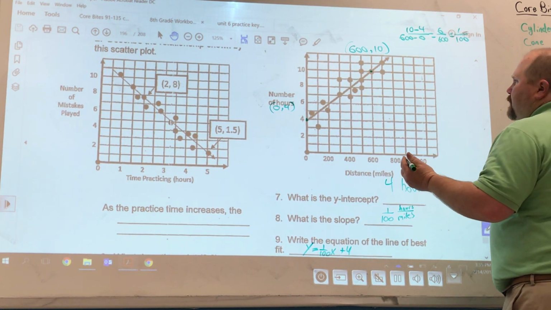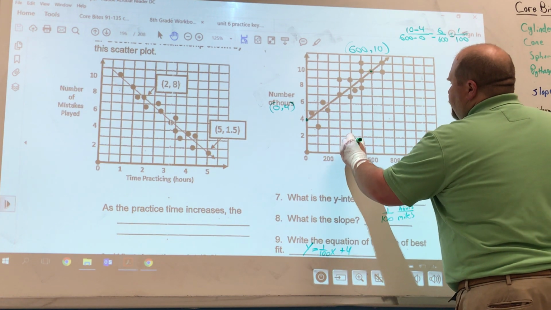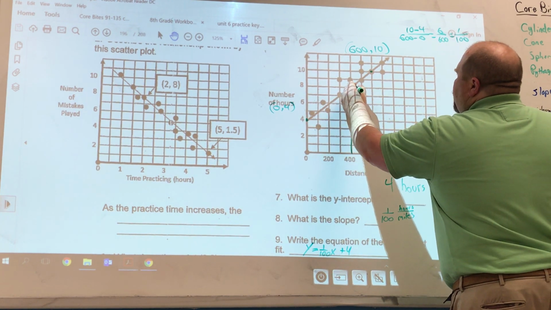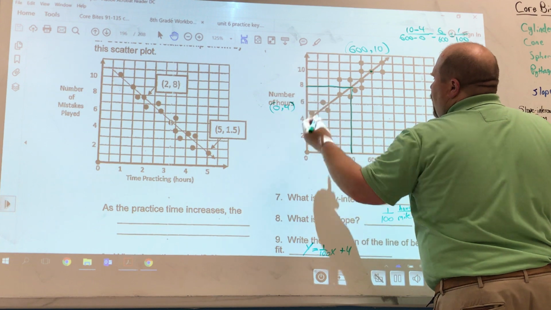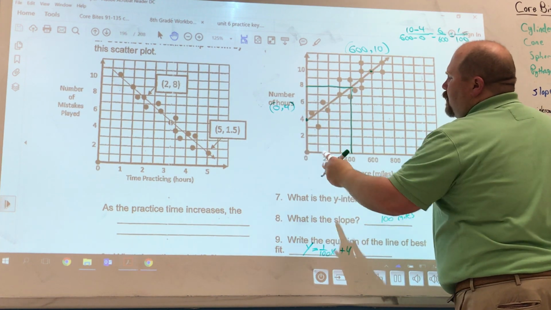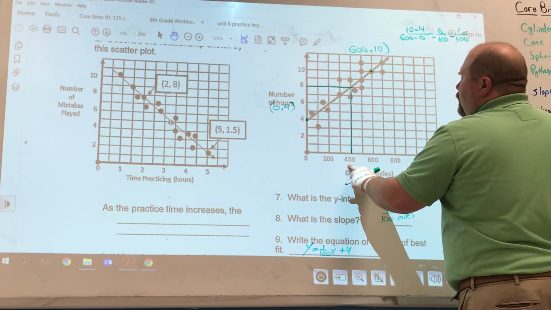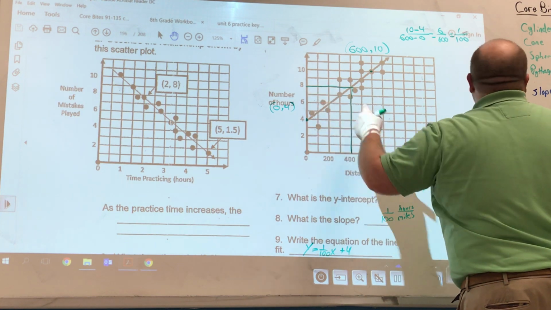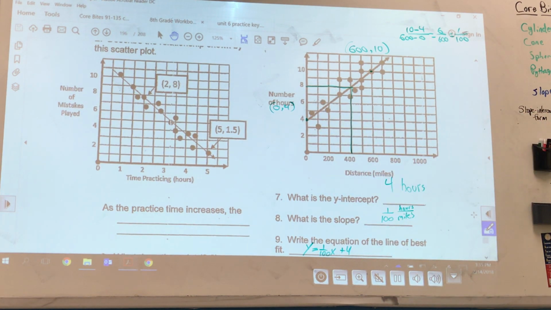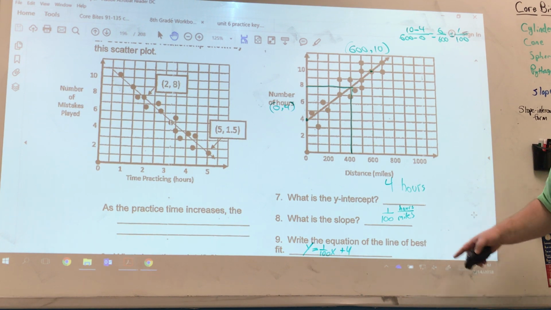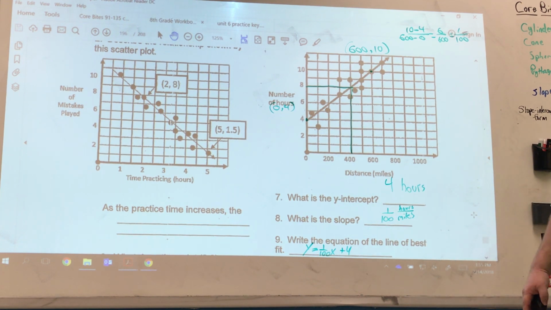If it was a 400-mile delivery, it takes 4 hours because of the 400 miles, but it also takes into account the 4-hour minimum. So a 400-mile delivery is an 8-hour trip. The answer to what the slope means in this case is an additional 1 hour for every 100 miles from the store. Every 100 miles of delivery is an extra hour.